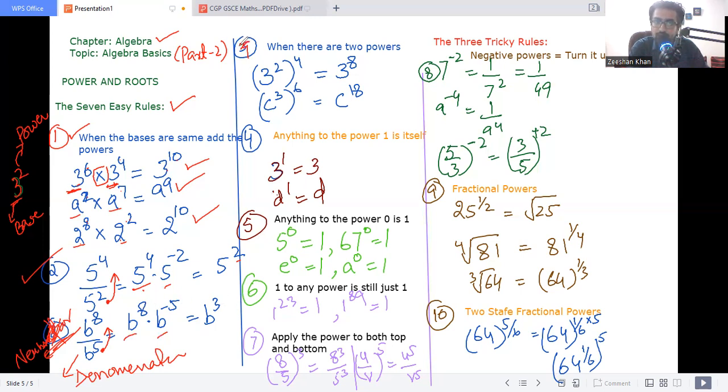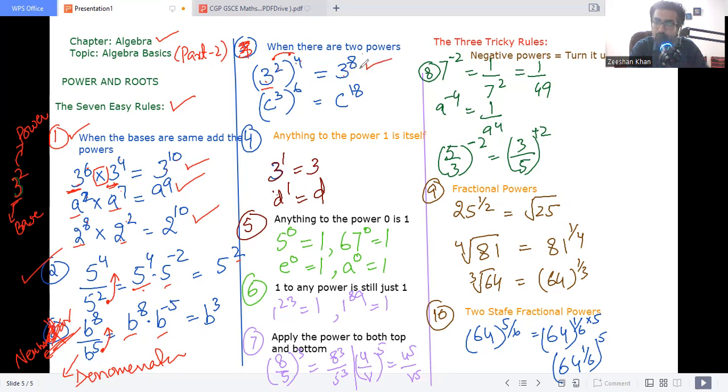Okay, rule number 3. When there are two powers, as you can see in this question, we have two powers, 2 and 4. We multiply both of them in order to simplify. So 3 to the power 2 times 4: write 3, and 2 times 4 is 8.